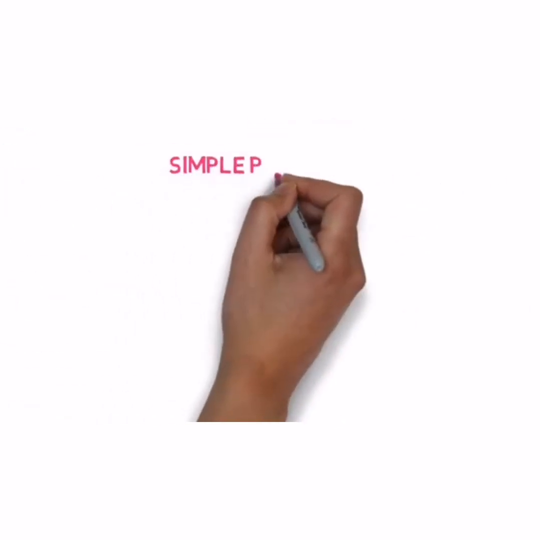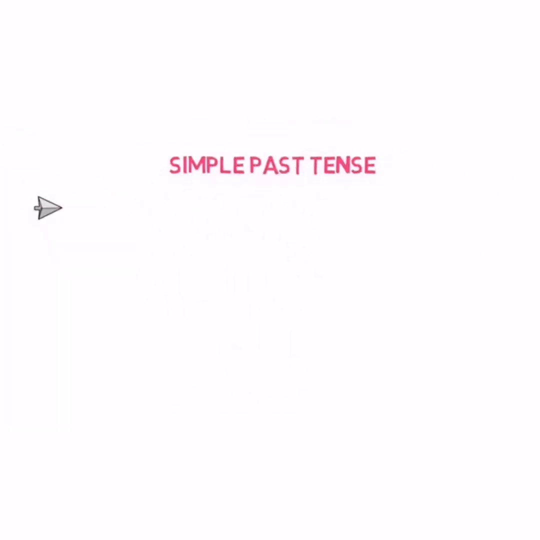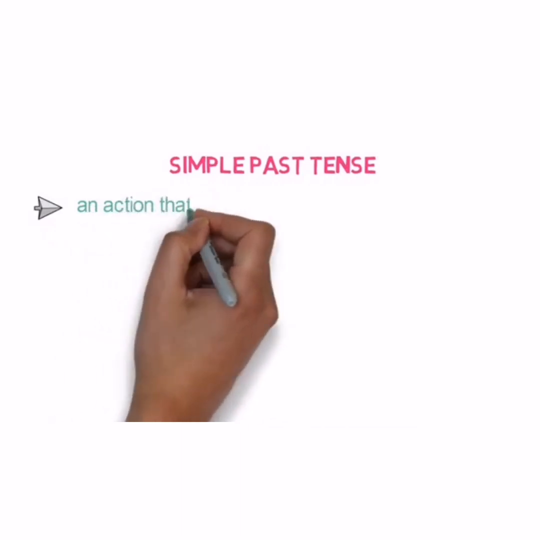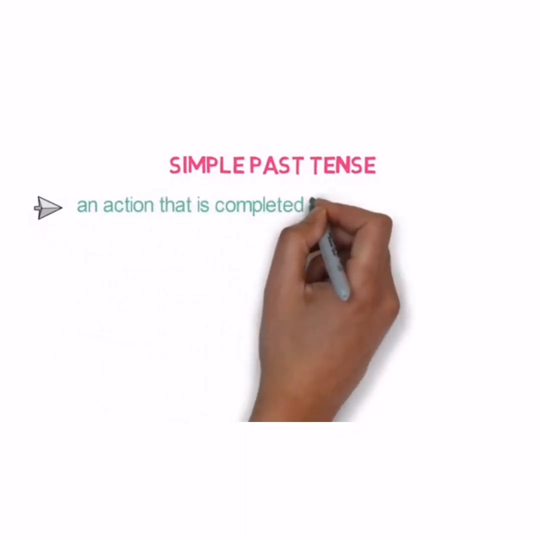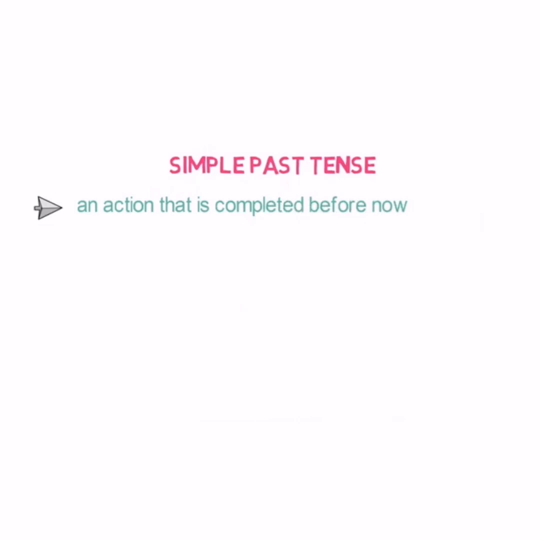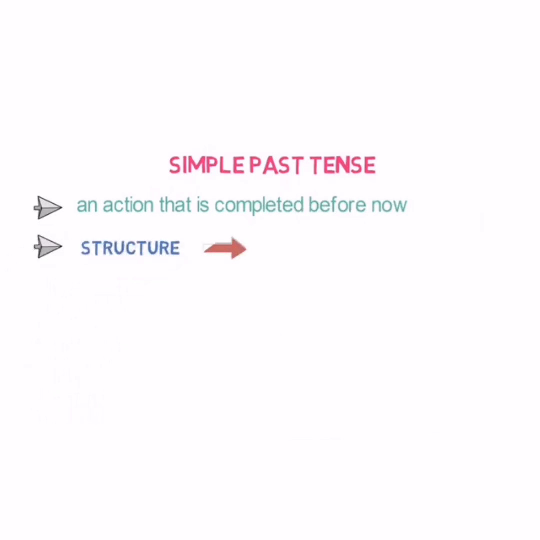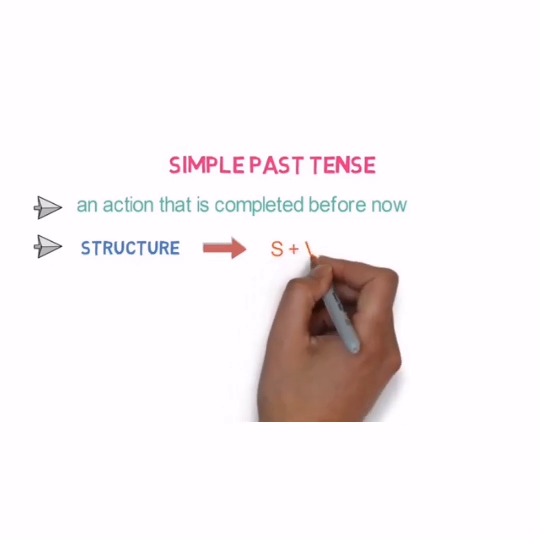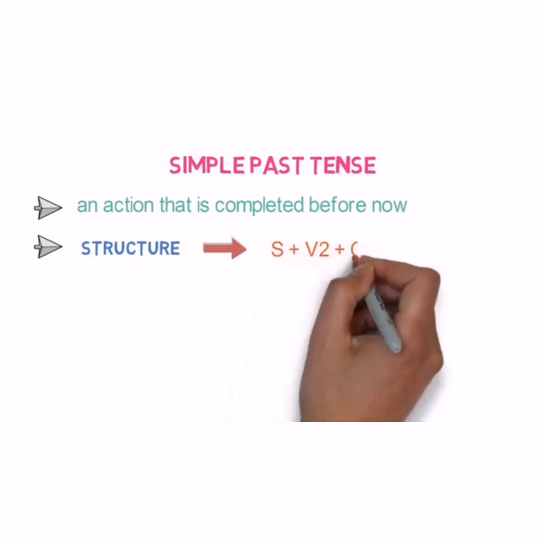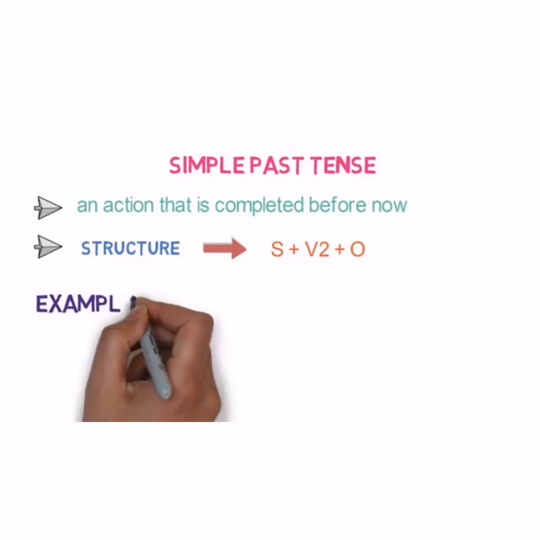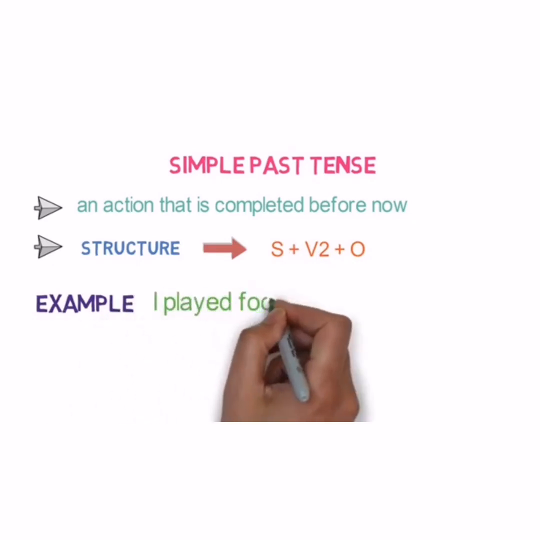Now coming to simple past tense. It refers to an action that is completed before the time we are talking about it. The sentence structure of it is subject plus verb second form plus object. For example, I played football yesterday.